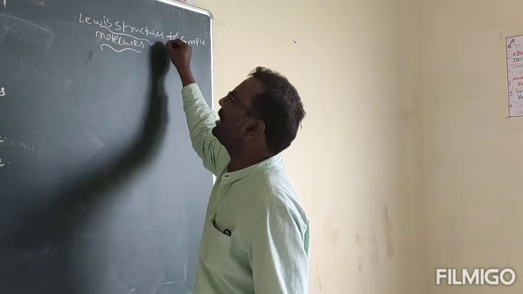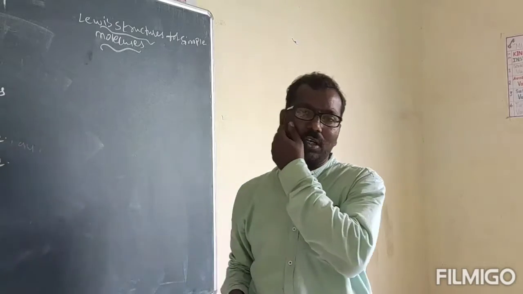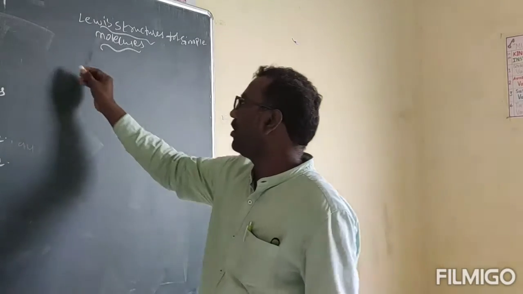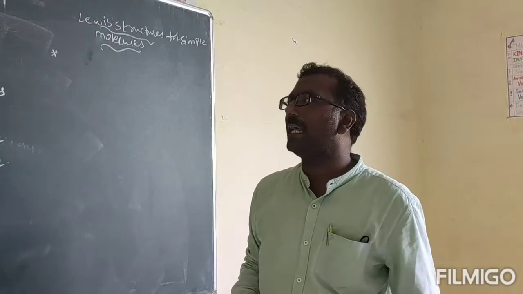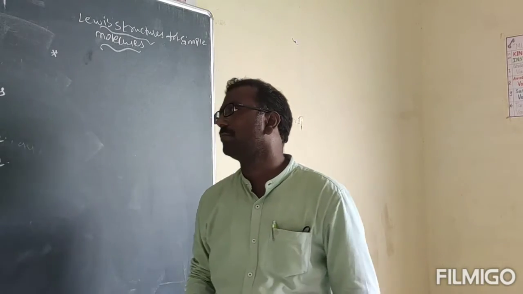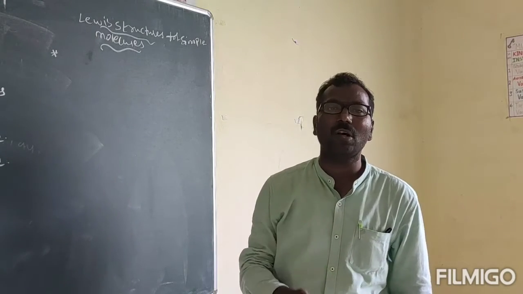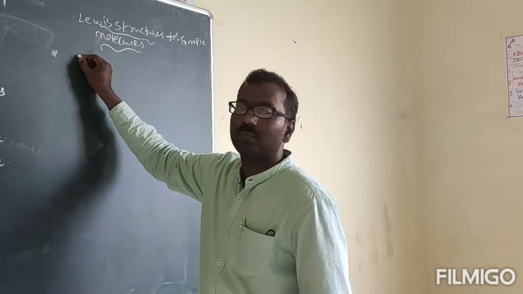What are the conditions for drawing the Lewis structure? First of all, you have to add the total number of valency electrons of the combining atoms.